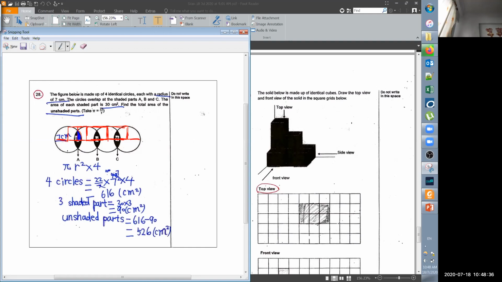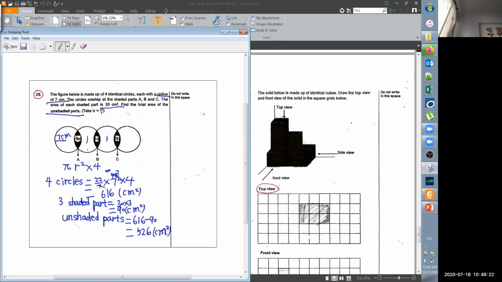You might need to use it, you might not. So how do you do it? It says the area of each shaded part, they give it to you directly. So find the total area of the unshaded. I'll just cut it directly. Wait, it says there are 4, then find the white, right? So if you want to find the white, what I can see here is you have this one, and then this is also one.